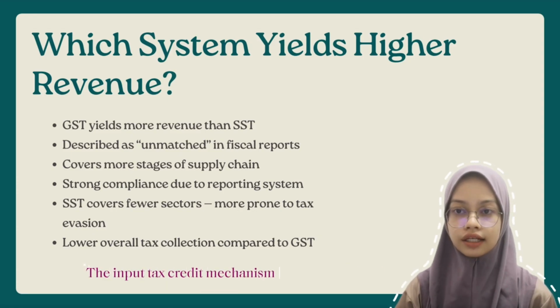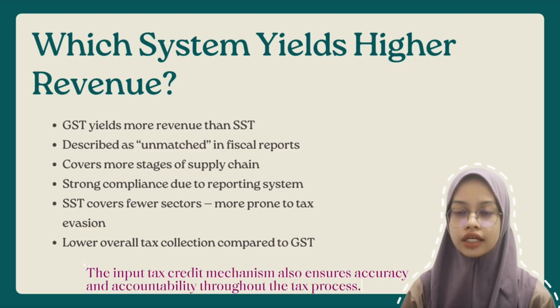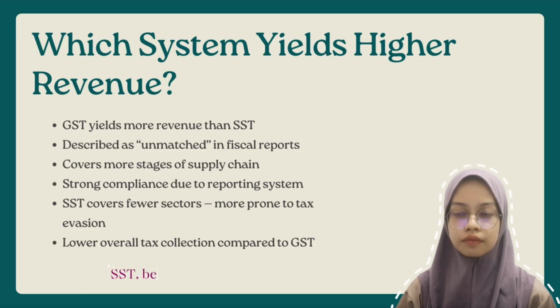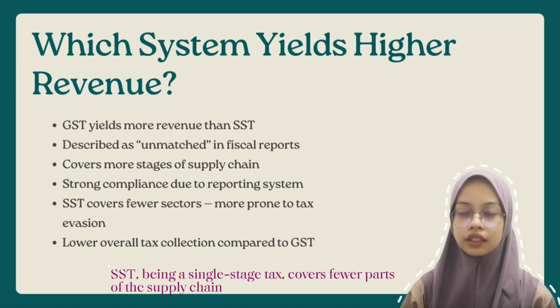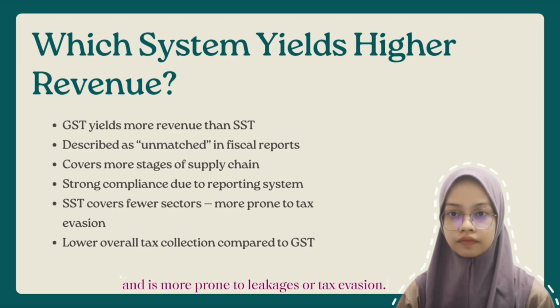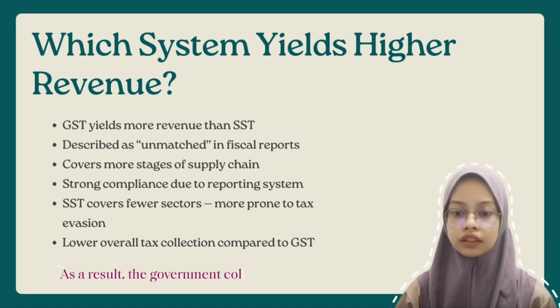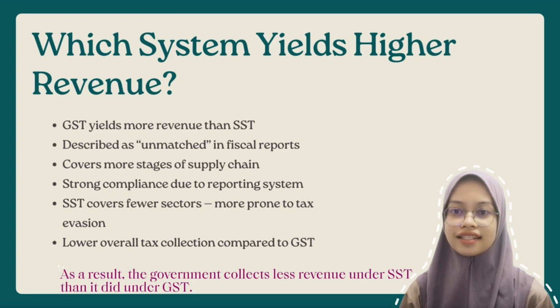The input tax credit mechanism also ensures accuracy and accountability throughout the tax process. SST, being a single-stage tax, covers fewer parts of the supply chain and is more prone to leakage and tax evasion. As a result, the government collects less revenue under SST than it did under GST.